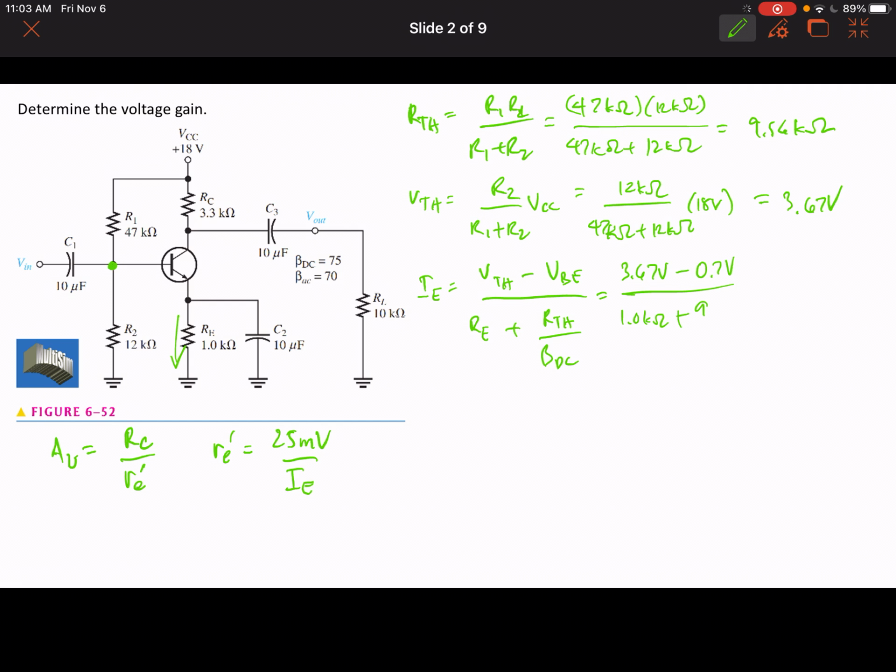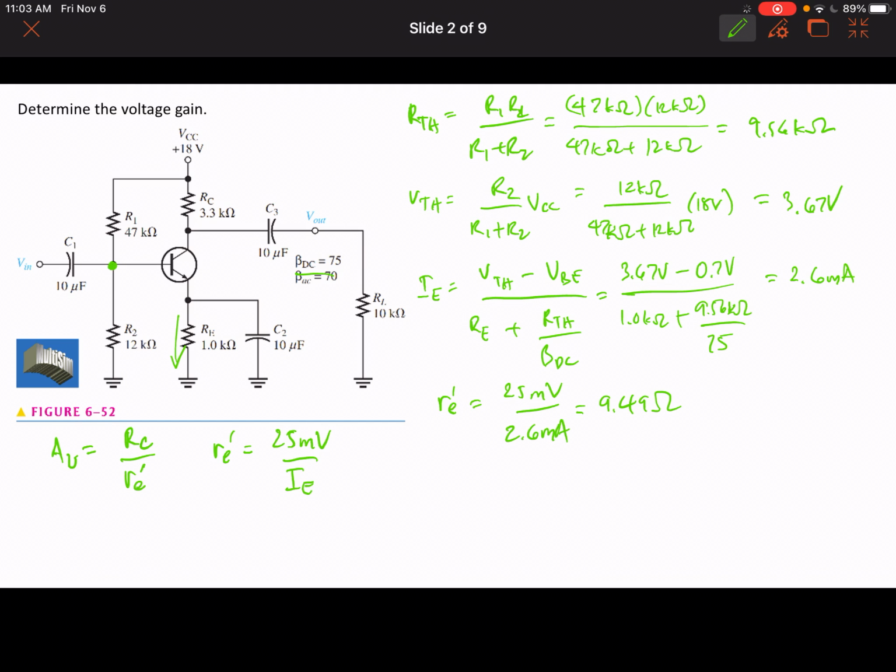RTH is 9.56 kilo ohms divided by beta DC, which is 75. Solving for that, this gives us 2.6 milliamperes for the emitter current. Now we can get RE prime. RE prime is 25 millivolts divided by 2.6 milliamperes, and the value is 9.49 ohms.